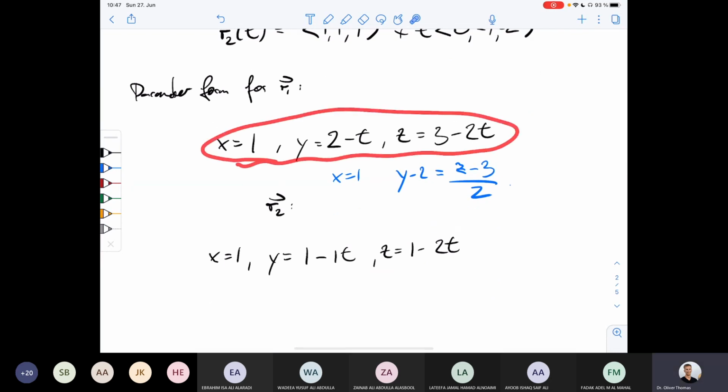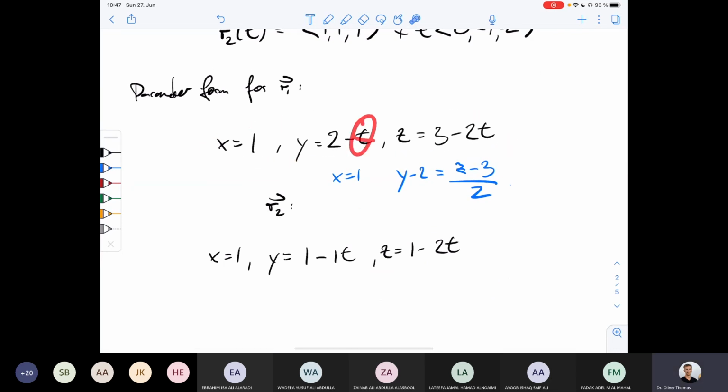So if we have an equation like this, this always has a parameter, and maybe we think that a parameter is a bit of an annoying thing to do. But we know that, of course, when we plug in a parameter, we use the same t here and here for the same point.